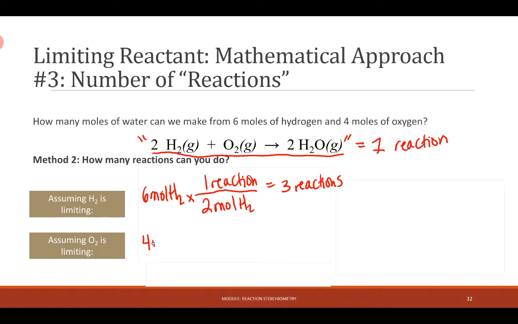For my oxygen, if I use up all my oxygen, how many reactions will have happened? That's a 1 coefficient down here, and a 2 and a 1 coefficient here. So that tells me that I have enough O2 to do 4 reactions.